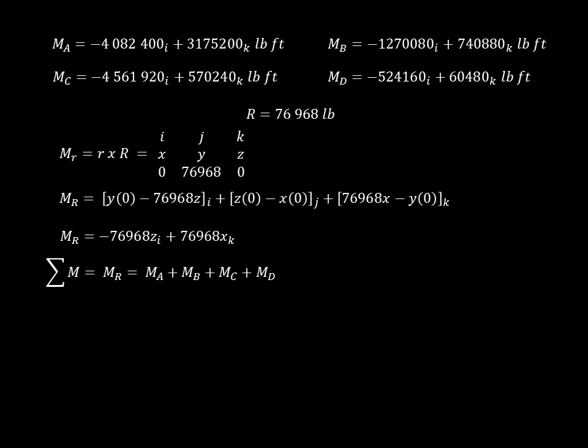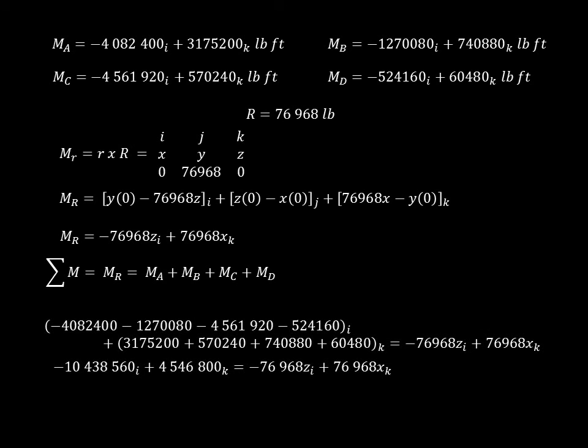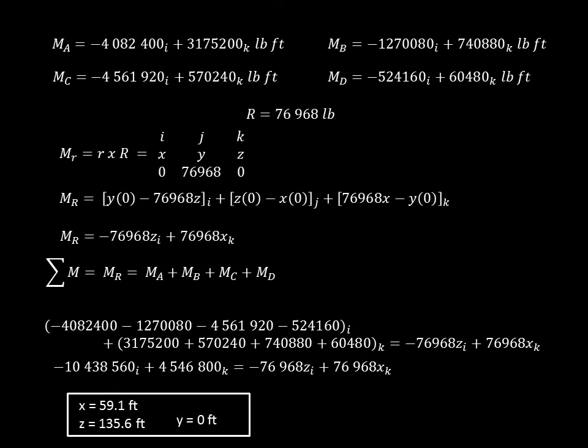Now let us equate the equation that we derived with the summation of the moments of all the forces in the system, which will give us the point of action of the resultant of the forces caused by the distributed load of the wind: X is equal to 59.1 feet, Y is equal to 0, and Z is equal to 135.6 feet.